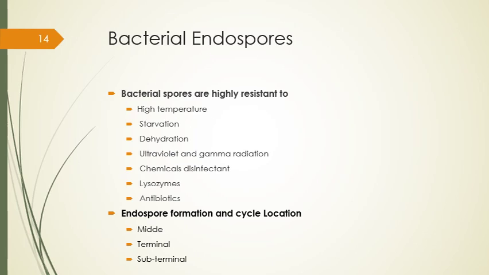In the 19th century, a physicist named John Tyndall discovered endospores, and these are highly resistant, non-reproductive, metabolically dormant structures produced by bacteria commonly found in soil and water.